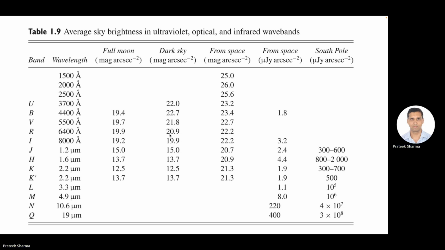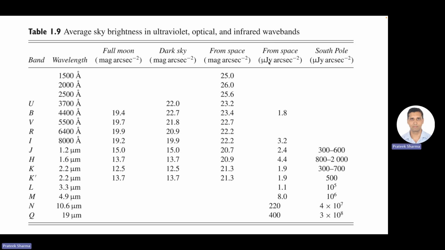And if you go to space, these numbers become even better. So this is in magnitude per arc second squared. This is the same quantity, expressed in slightly different units. So this is micro Jansky per arc second squared. So Jansky is a unit for flux density. So flux per unit wavelength. Right?